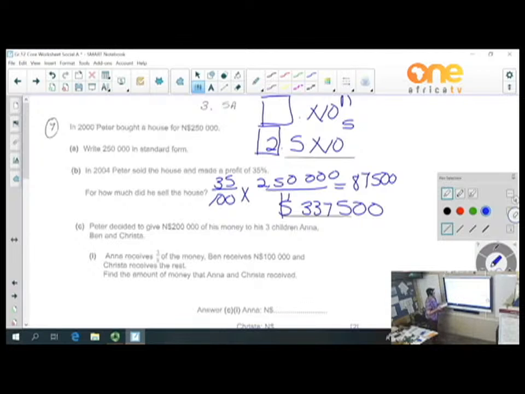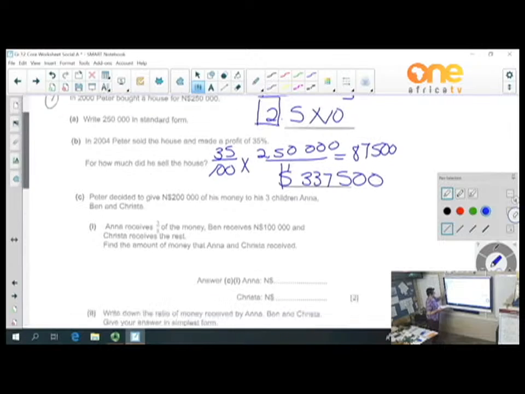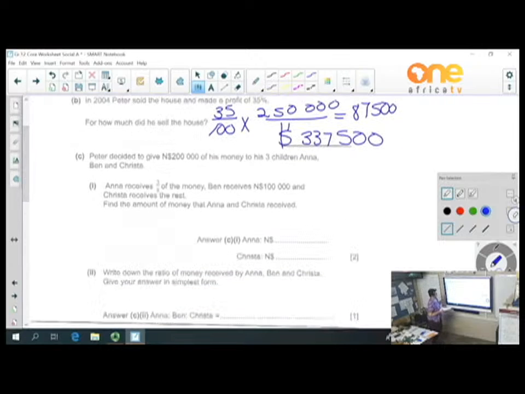Peter decided to give 200,000 of his money to his 3 children, Anna, Ben, and Krista. Anna received 3/8 of the money. Ben receives 100,000 and Krista gets the rest. And now we have to calculate what Anna and Krista get. So this is just 3/8 of the 200,000, which is what? 1,575.